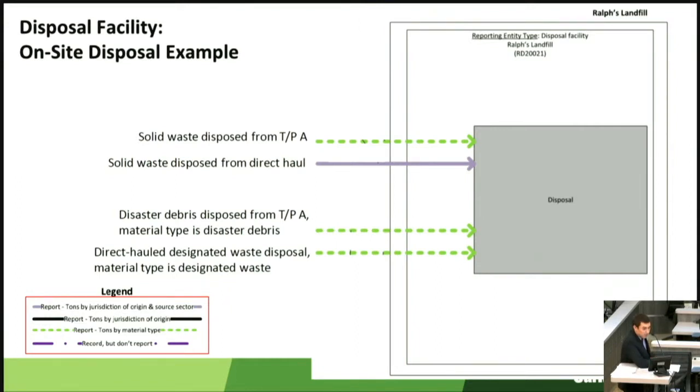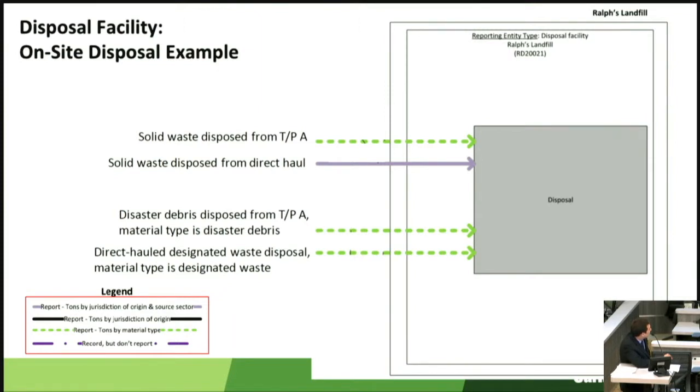So for instance, as we discussed here, solid waste disposed from transfer processor A. You don't need to indicate the jurisdiction because that information's already been submitted by transfer processor A and is on the way to you. So it will be allocated appropriately. You just confirm that you disposed the tons that you said you accepted from them.